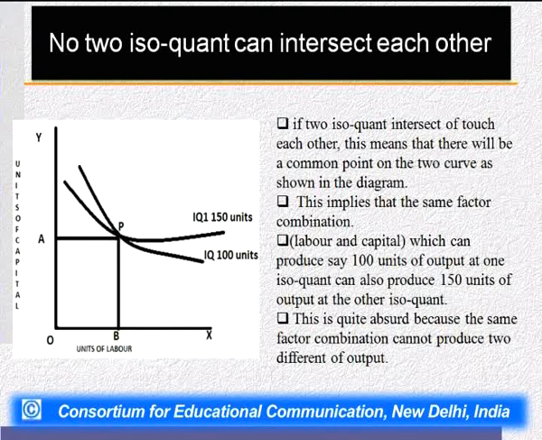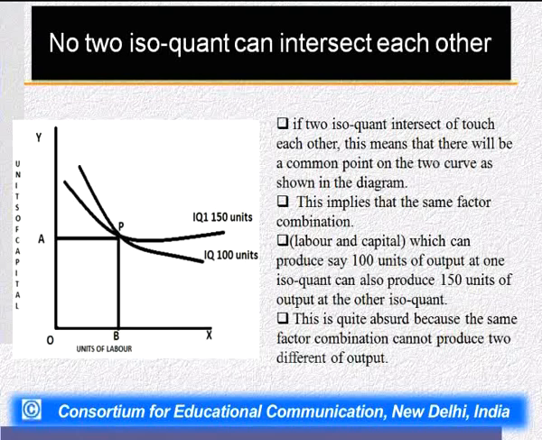This implies the same factor combination, which is not justifiable as the definition suggests. This is quite absurd because the same factor combination cannot produce two different outputs. It is not possible for the same combination on both curves to produce different levels of output.